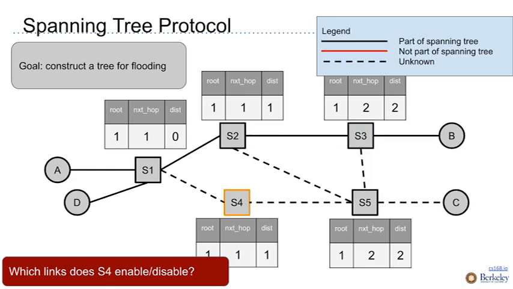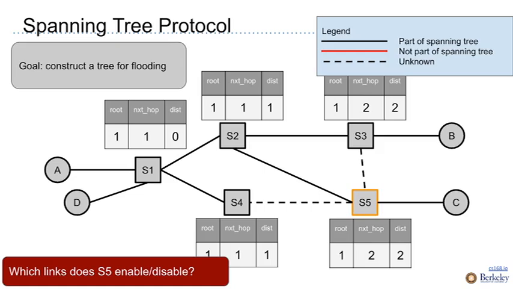S4. S5. Does it do anything else? And C. And then? Yeah. Now it can disable the other 2 because they are not using it for their shortest path, right?